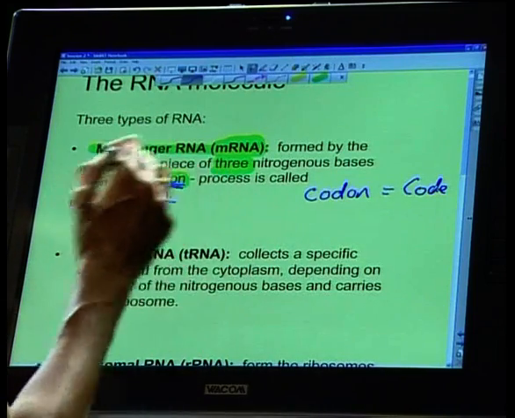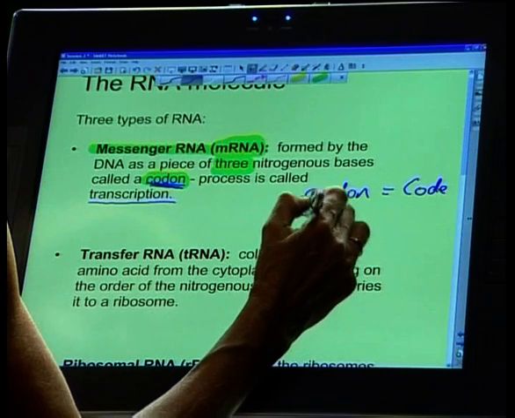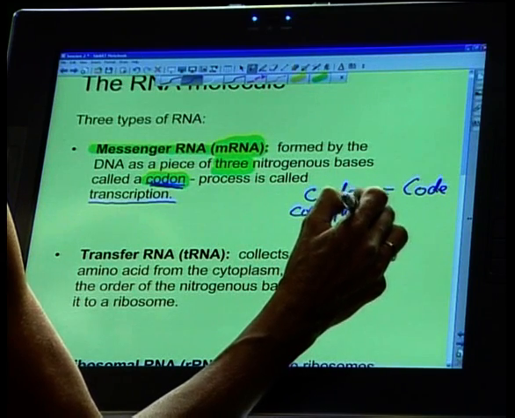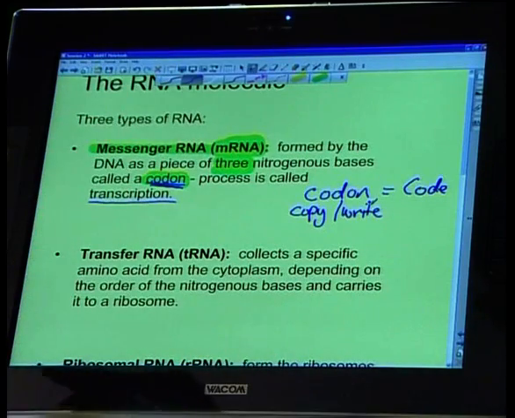And transcription means to copy or write. And that literally is what the messenger RNA does. It goes to the DNA, which breaks apart, and it says, that nitrogenous base is an adenine and a guanine and a cytosine. So my little piece of 3 must fit in there.